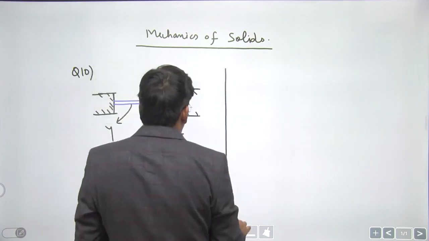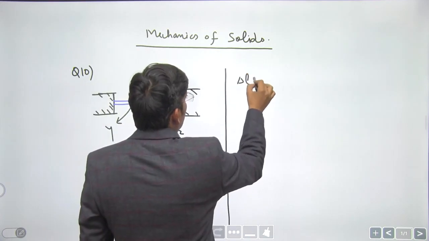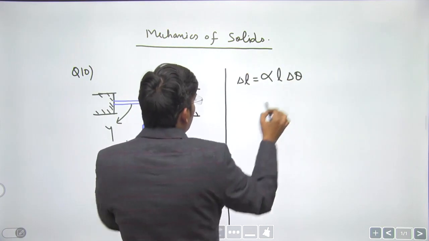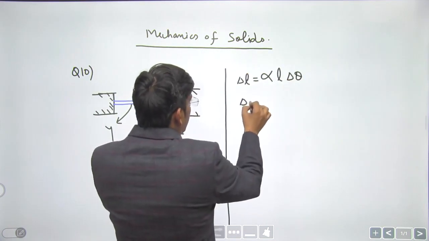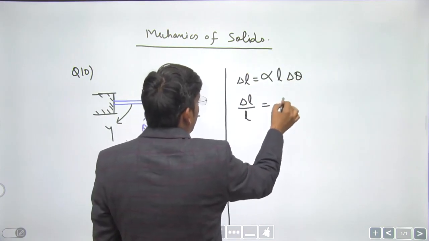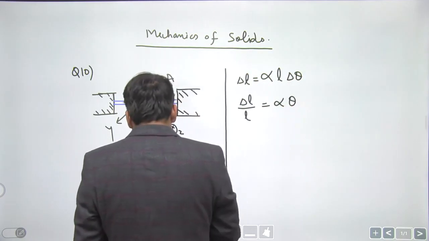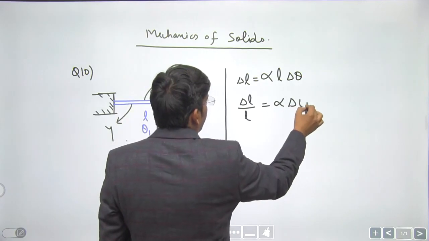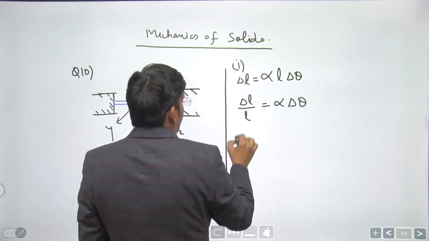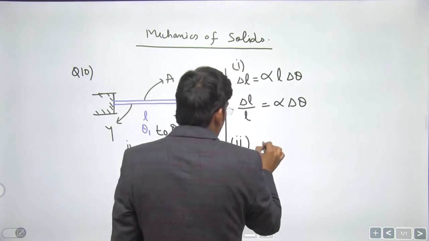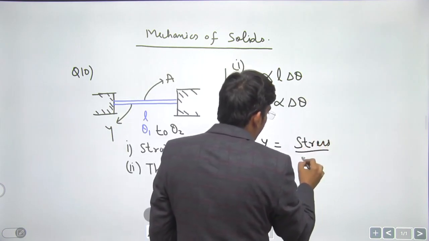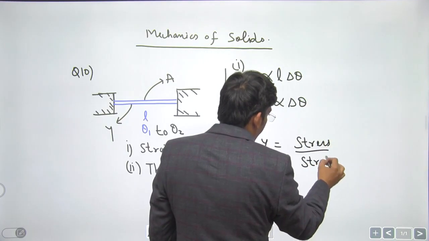So you know that change in length is equal to alpha L delta theta, where alpha is coefficient of linear expansion. So delta L by L is alpha delta theta. We have got the strain, so easy, right? This is alpha delta theta. Now Young's modulus is equal to stress divided by strain.